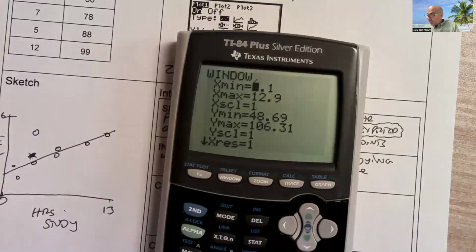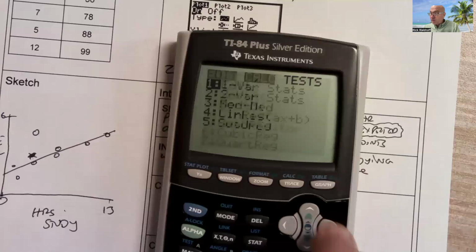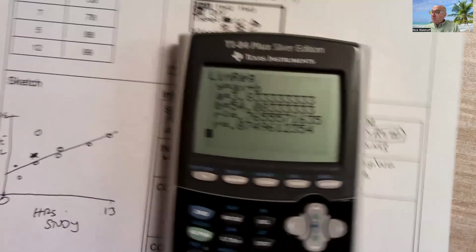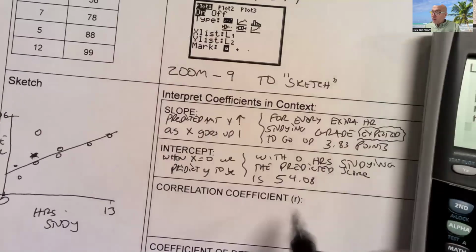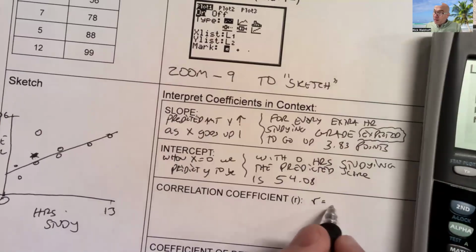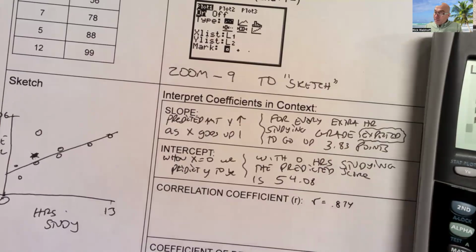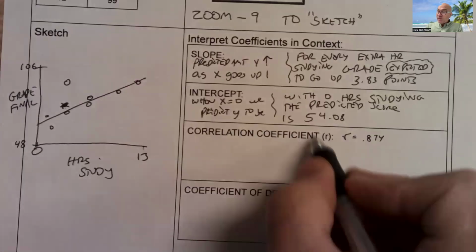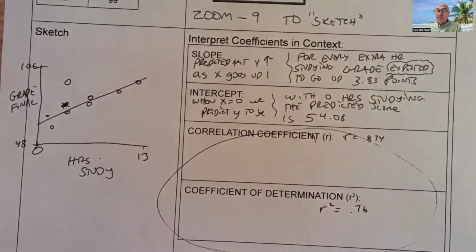All right, correlation coefficient, and we saw it before. Let's just write down what it was and talk about it real quick. So stat, calc, linreg. I should have written it down earlier. My R value was R is equal to 0.874, and my R squared is equal to 0.76. Okay, so I'm going to write those in here. I'm going to save this for AP Stat.